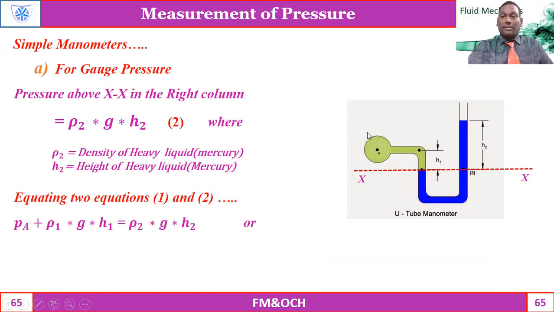Similarly, the pressure above the datum in the right column. If you see the right column, we can see the heavy liquid and the atmospheric pressure. Because this is gauge pressure, we are not considering atmospheric pressure. So this is nothing but the density of the heavy liquid ρ2, acceleration due to gravity g, and H2, the height of that liquid.